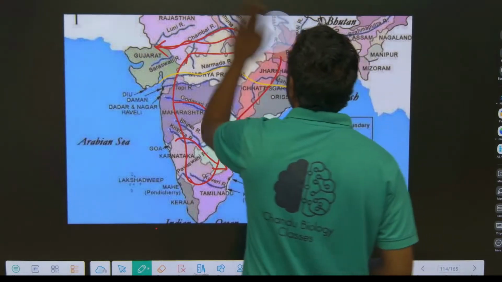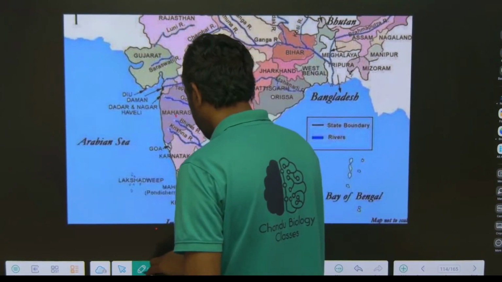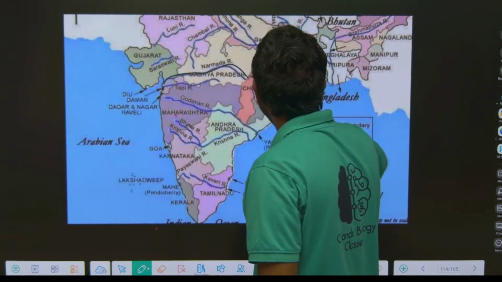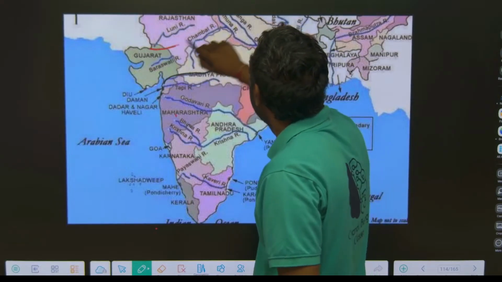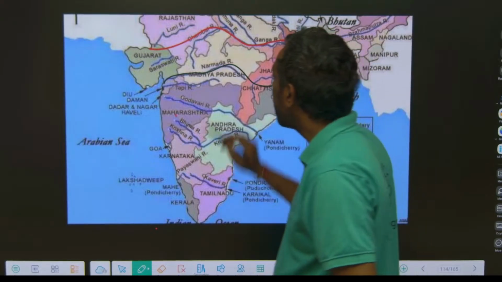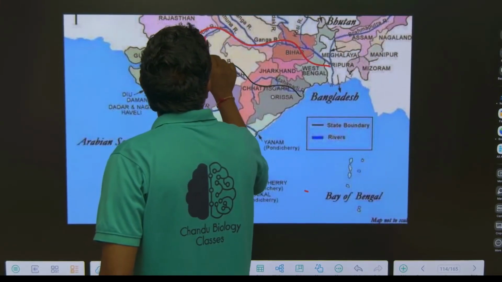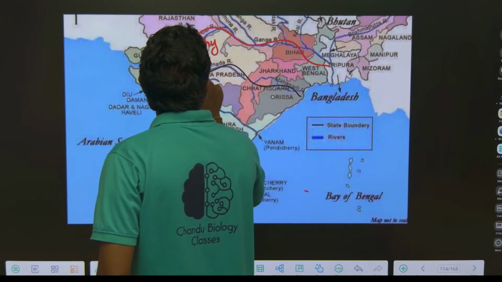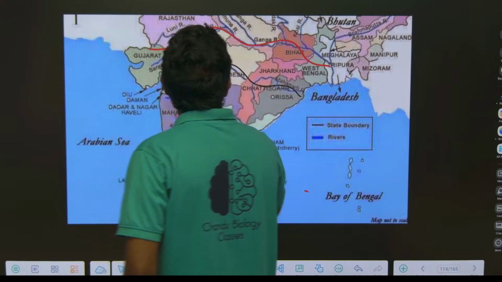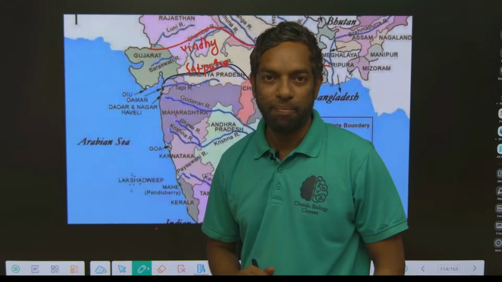This is the place of the ranges: the Vindhya and Satpura ranges. The Vindhya range is on the north side, and the Satpura range is on the down side.